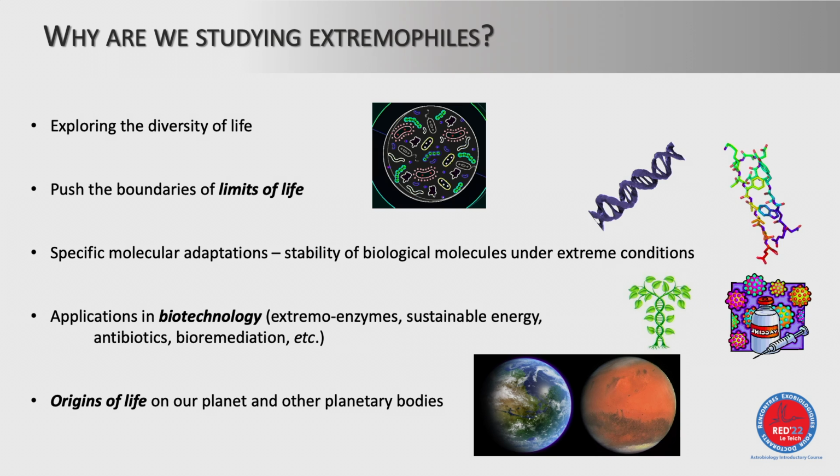Or because they can cope with heavy metals and high radiation, we can use extremophiles for bioremediation of polluted water, for example. And because those extremophiles can grow in really harsh conditions, like it was, for example, on early Earth, we can think about extremophiles with the origins of life, and maybe on other planetary bodies.